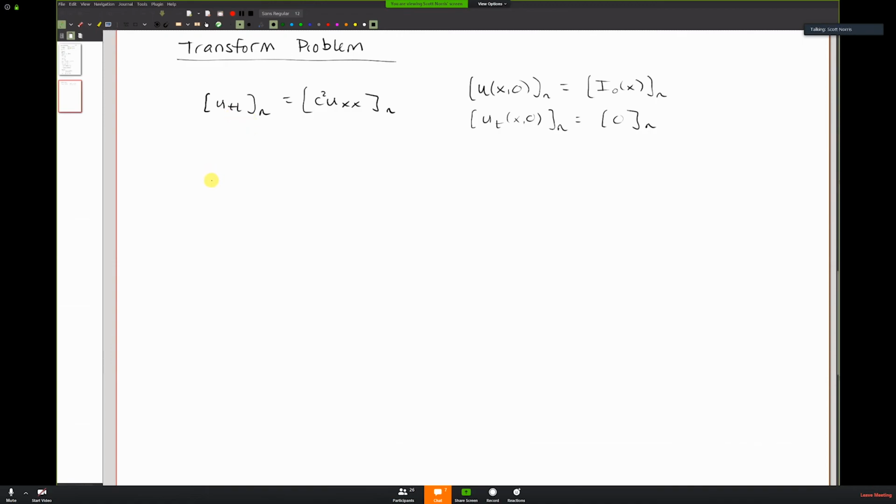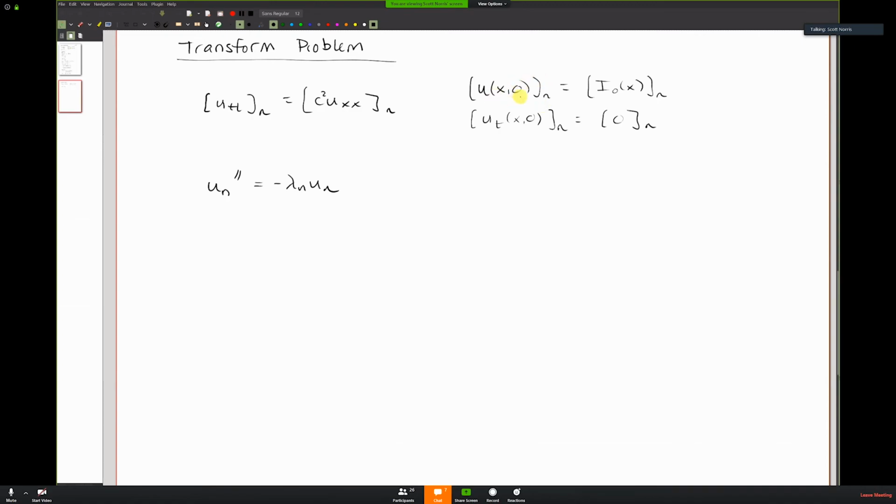And I get u n prime prime, where those primes stand for time derivatives. Then over here, I have the transform of L acting on U, and that's always minus lambda sub n U sub n. Here I have the transform of U evaluated at t equals 0.